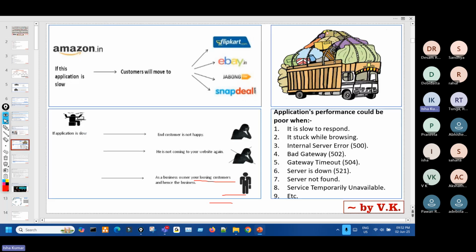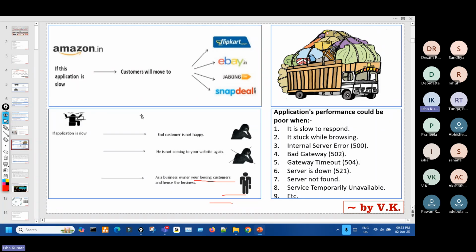Same thing. Today's world is a world of competition, and you see it in food delivery apps. Earlier, Zomato was there, and one more, I think Food Panda, very long back. Nowadays, so many are there.